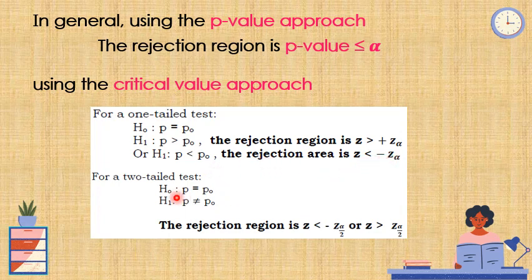For a two-tailed test, H0, P is equal to P0. H1, P is not equal to P0. So, since two-tailed yan, two rejection regions. So, yung una, yung Z is less than negative Z sub alpha over 2. Or, yung pangalawa, Z is greater than Z sub alpha over 2.